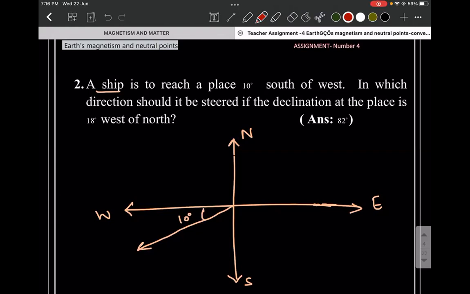In which direction should it be steered if the declination at the place is 18 degrees west of north? So 18 degrees west of north is, from north, the magnetic declination is 18 degrees. So how much should he steer?